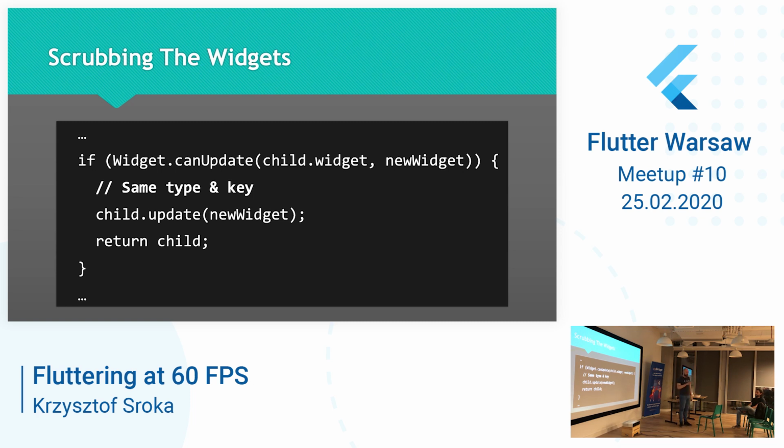This is not the best case, but it's a common case, because most of the time we would like to have this case if we need to update a widget. Most of the time widgets remain of the same type, and most of you don't set keys on your widget. So that's good, because null equals null, so it gets to this point.